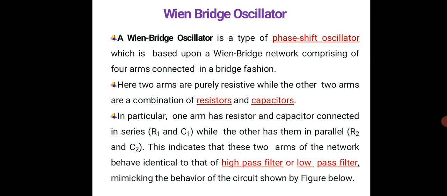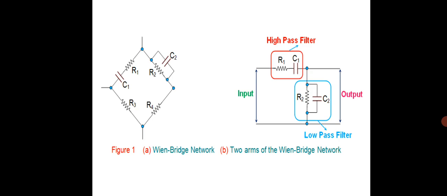So this indicates that these 2 arms of the network behave identically to a low pass or high pass filter, which replicates the behavior of the circuit shown in the figure below. You can see this is a Wien bridge network.